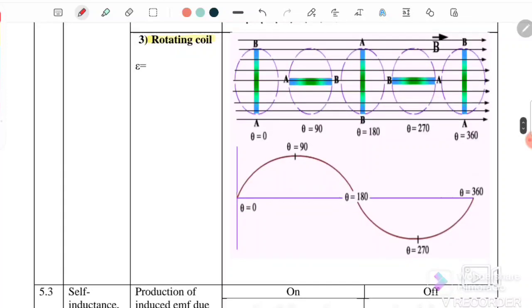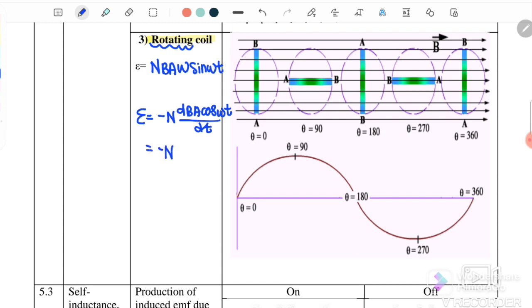Okay, next is the rotating case. The EMF for rotating is N B A omega sine omega t. Where do we get this equation? It is from negative N B A cos omega t over dt. Since this is a rotating case, the angle of the coil will always be changing due to the rotation.